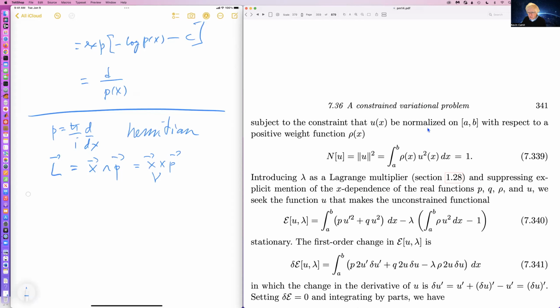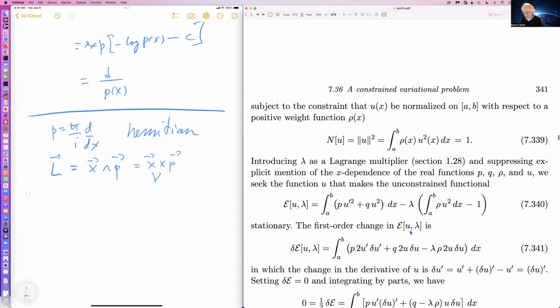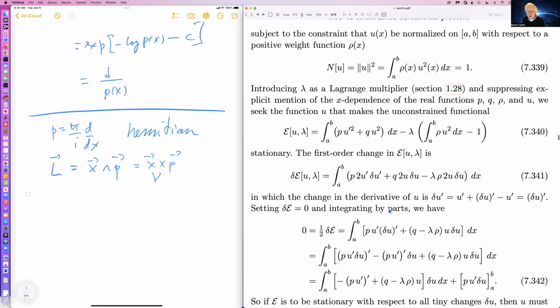So we just take the two things that we want to vanish and we add them together with an arbitrary constant here. And we say this is going to be 0 when we subject it to variations of u and lambda. The variation with respect to lambda, the derivative with respect to lambda, just gives us back this condition.